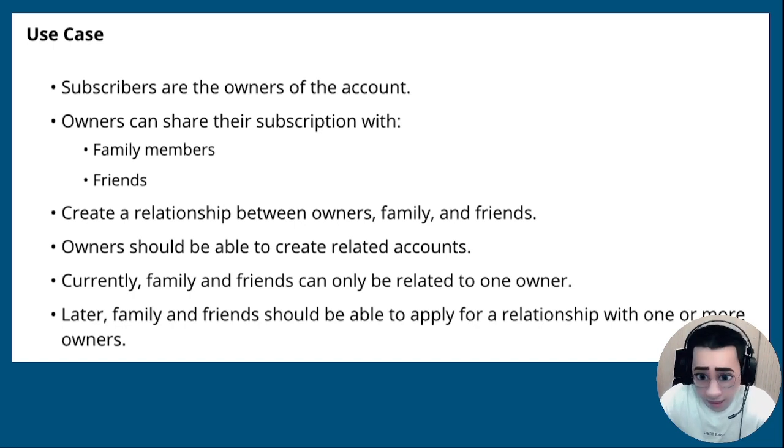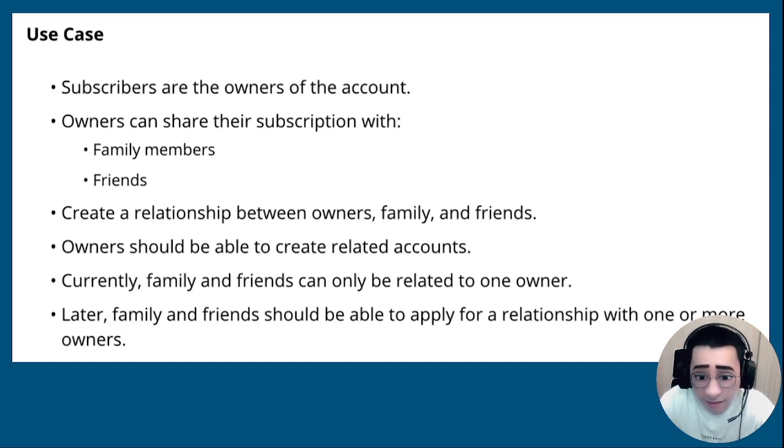So owners should be able to create the related account, but family and friends can only be related to one owner in the initial implementation. But later there will be an ability for family and friends to apply for relationships with other owners.